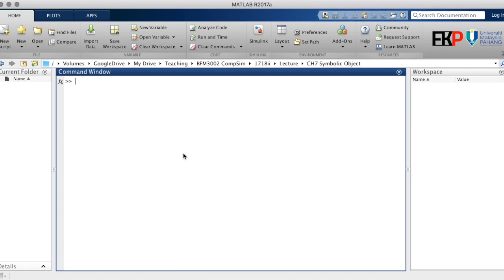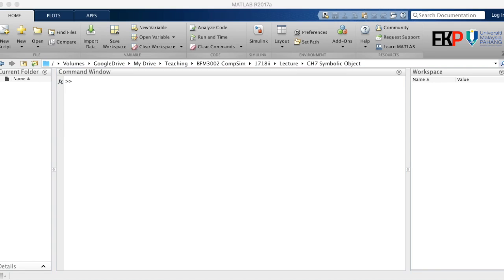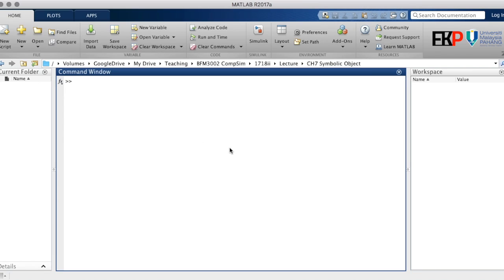Okay, we can use the solve command in MATLAB to solve simultaneous equations. So for example, let's say we define x, y, and z as our symbolic objects, and we define a few equations. Let's say A is equal to x plus 5y minus 3z equals to 10.